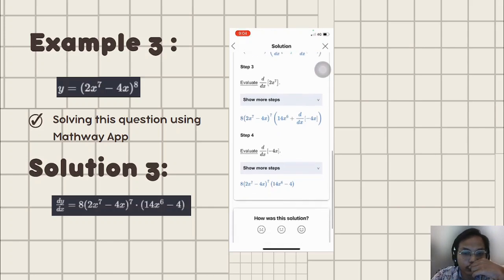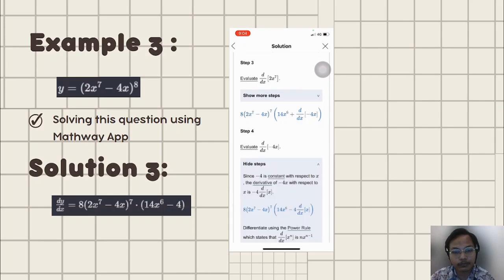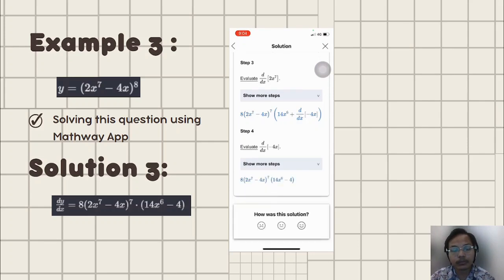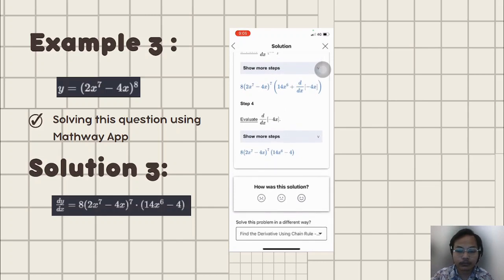Then step 3, we evaluate d/dx of 2x^7. Same as above, you can show more steps or hide the steps. So the final answer, as mentioned above, is 8(2x^7 - 4x)^7 multiplied by (14x^6 - 4). That's all from this application.